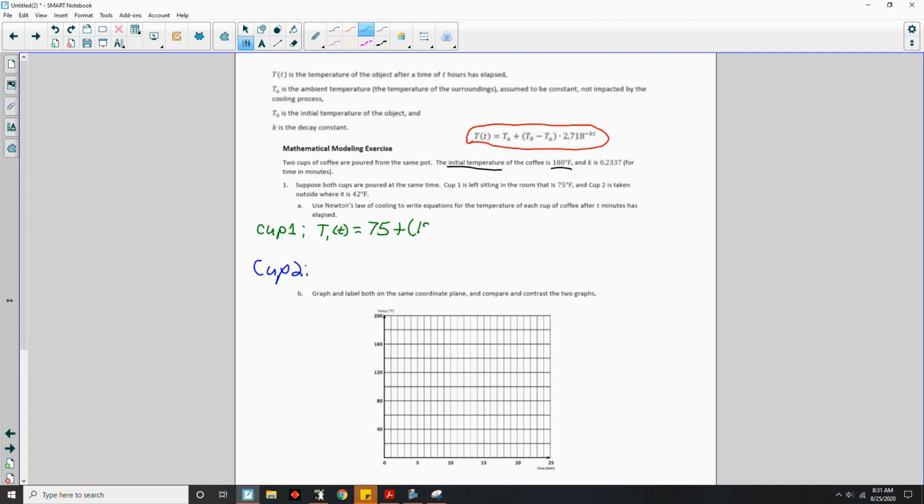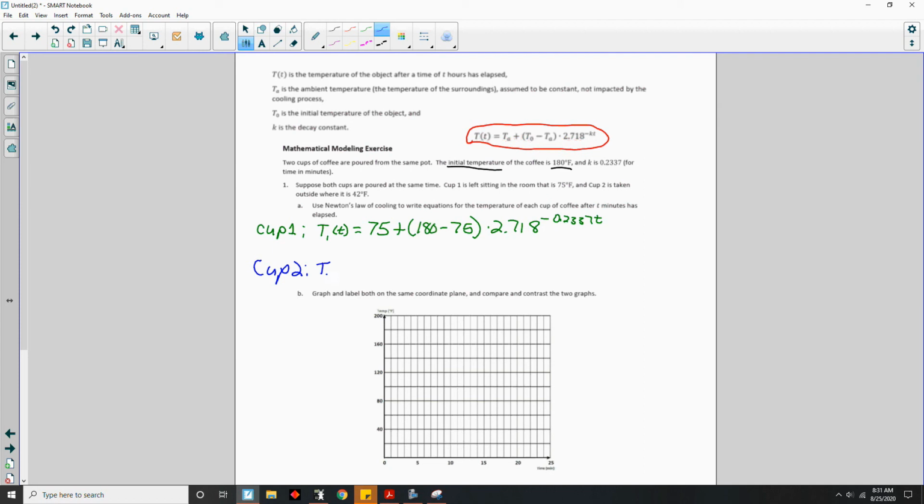So it's 180 minus the temperature of the room, 75, times 2.718 to the negative K, which is 0.2337 T.